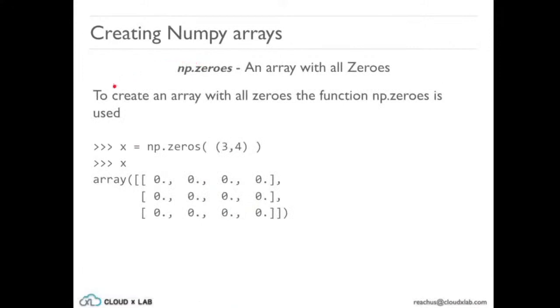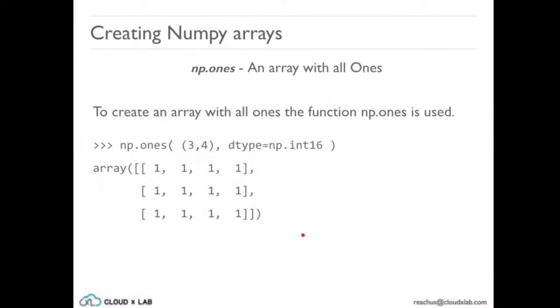Now, one important thing is that very often you want to declare an array that's just all zeros, an empty array, and NumPy lets you do that. You can declare a matrix or an array that's multi-dimensional, and its rank and size could be anything, and you could easily declare an array of all zeros.